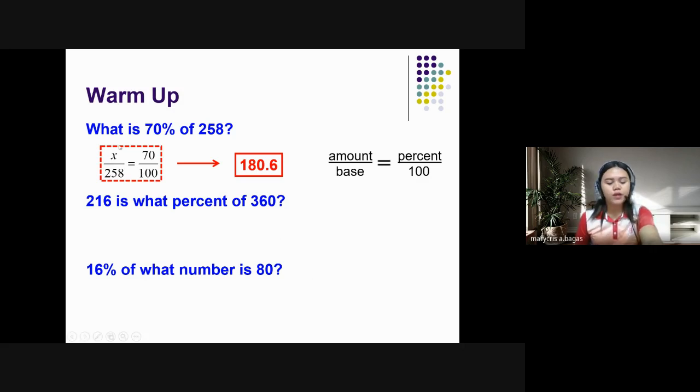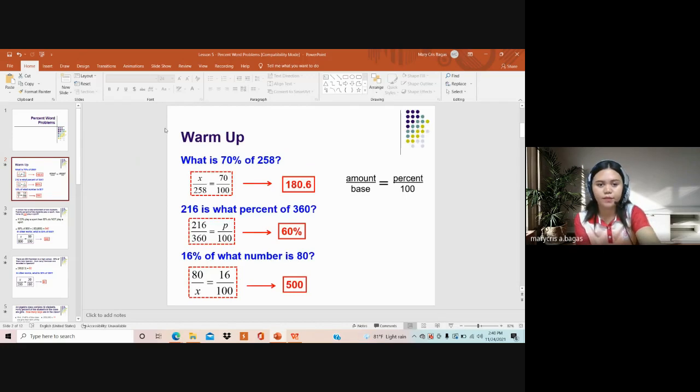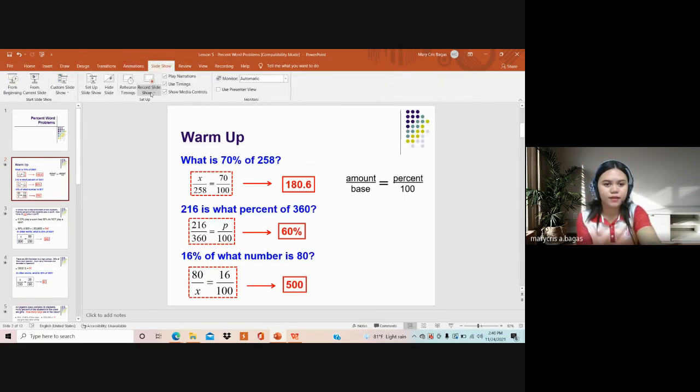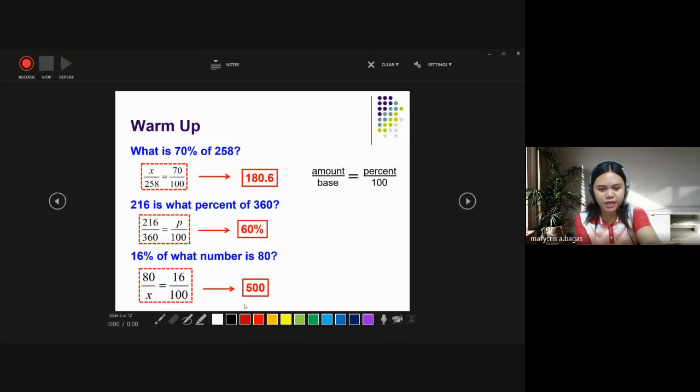Okay. To solve this one, we're going to cross multiply. Do you know how to cross multiply? Okay, so when Teacher Mary says cross multiply, you're going to multiply 100 and x, 258 and 70.